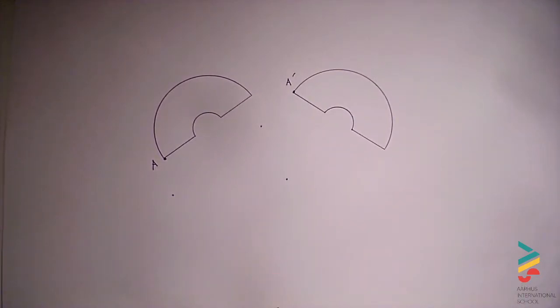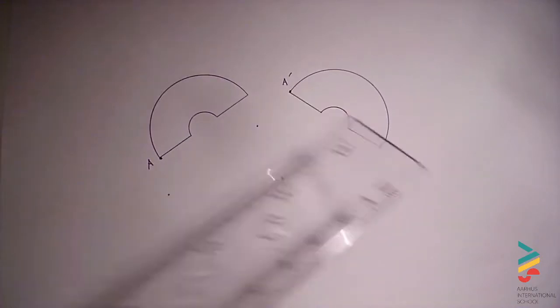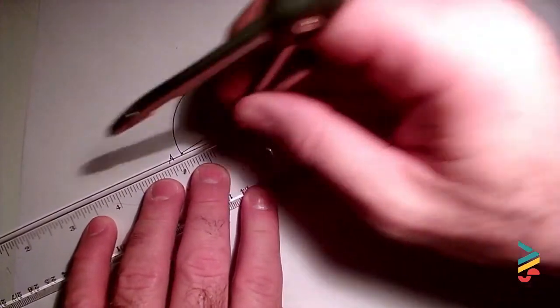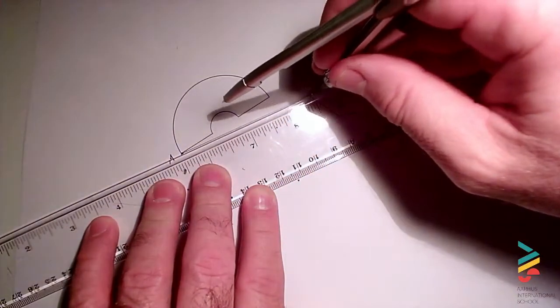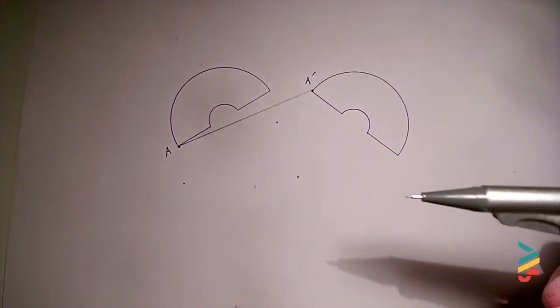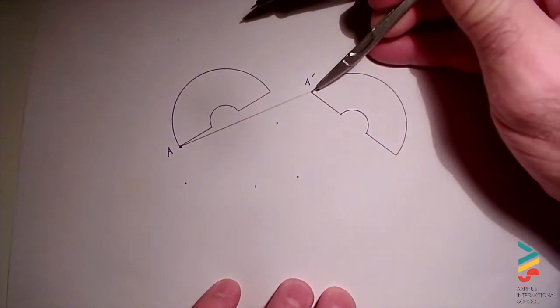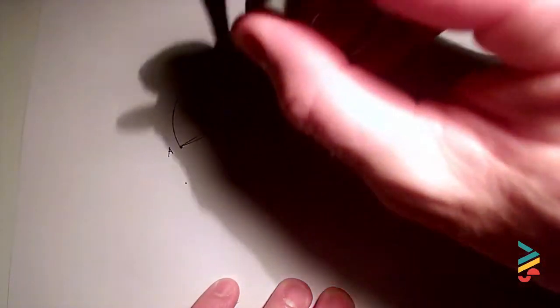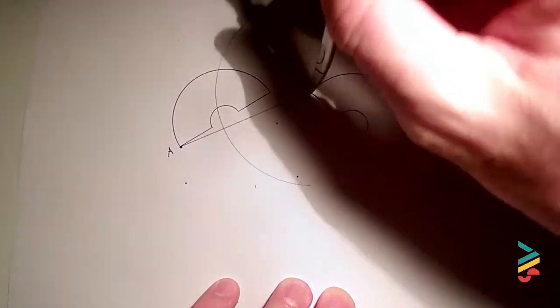Now what I'm going to do is draw a straight line between those two points, A and A dash. So I'm drawing a line between a point and its equivalent point in the rotated shape. And then I'm going to do the perpendicular bisector of that line that I've just drawn.